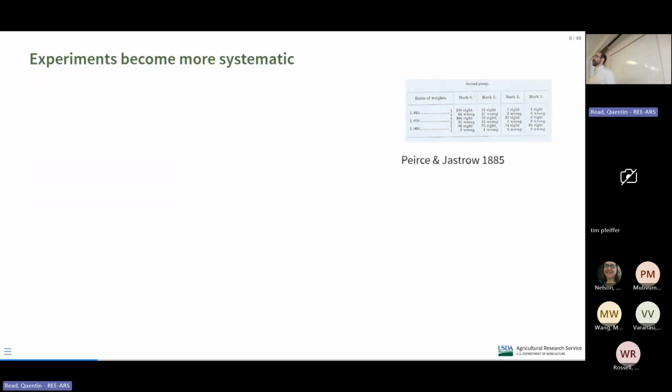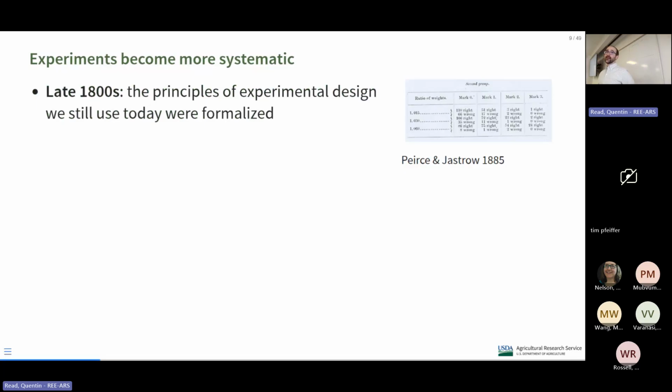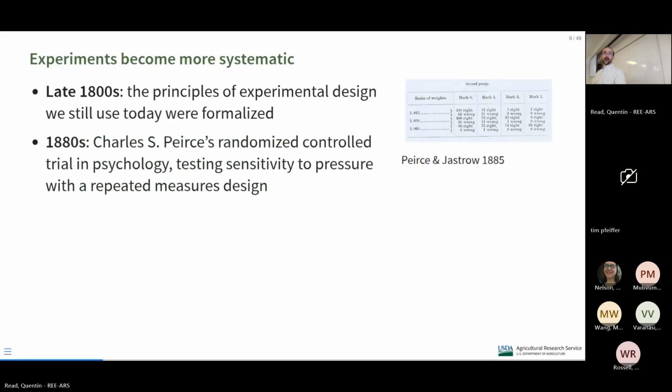And that was sort of an ad hoc experiment. Like I said, it didn't have a lot of replication, and that didn't really kick off a revolution in experimental design. It took another at least 100 years until experiments became more formalized and systematic. It was really in the late 19th century that the principles of experimental design, as we now follow, were set down.